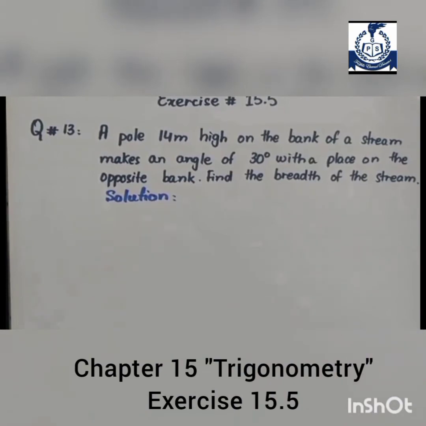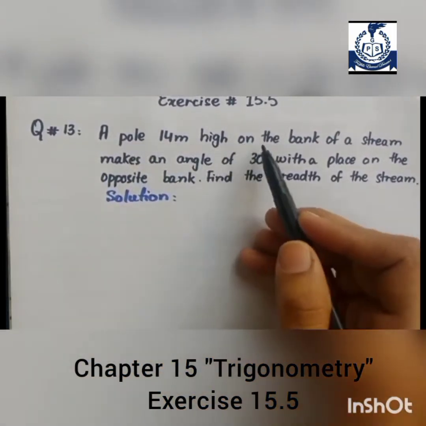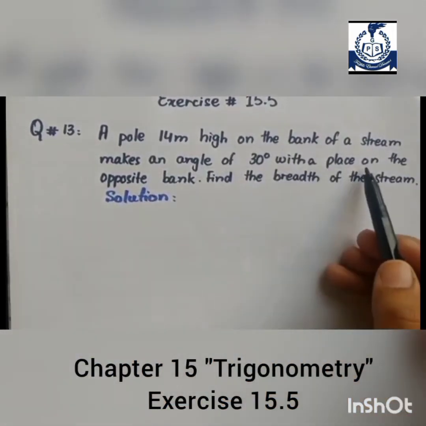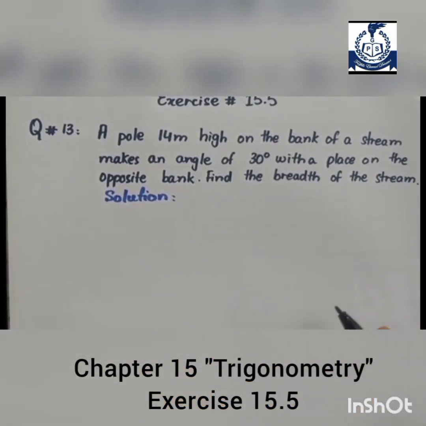So next question is question number 13. A pole 14 meter high on the bank of a stream makes an angle of 30 degree with a place on the opposite bank. Find the breadth of the stream.